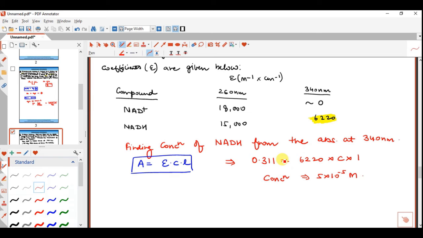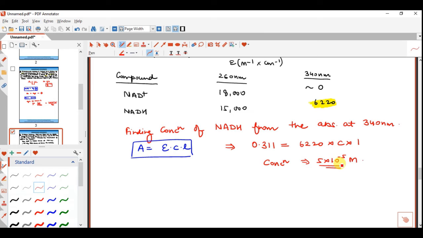Now, if I know the concentration of NADH, this concentration would remain constant even if I am checking it at 260 nanometer or 340 nanometer. So let us just use this concentration value and find out the absorbance at 260 nanometer.